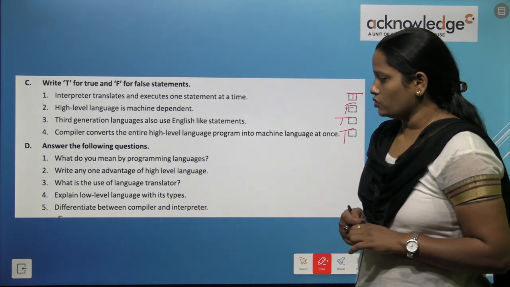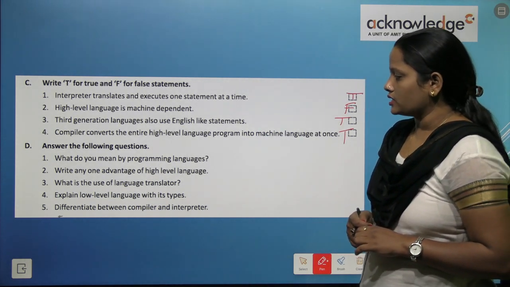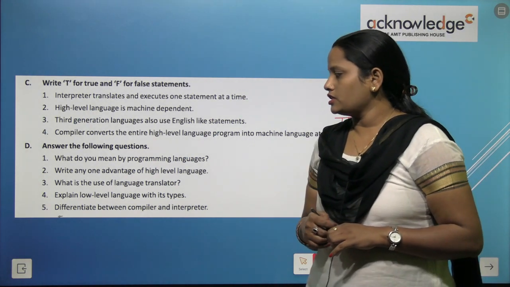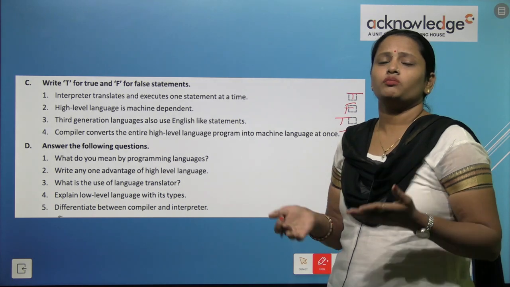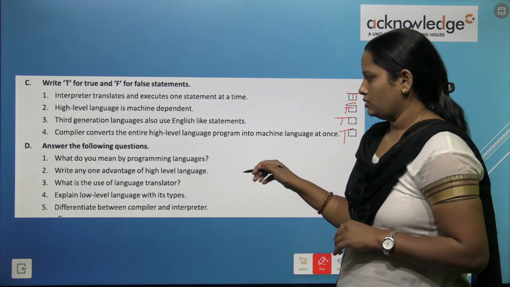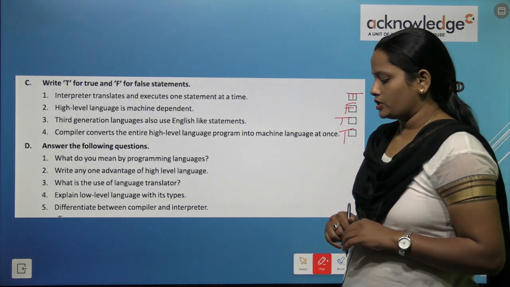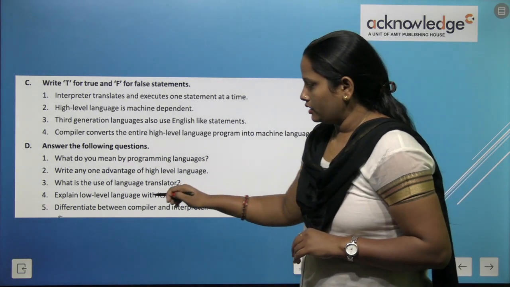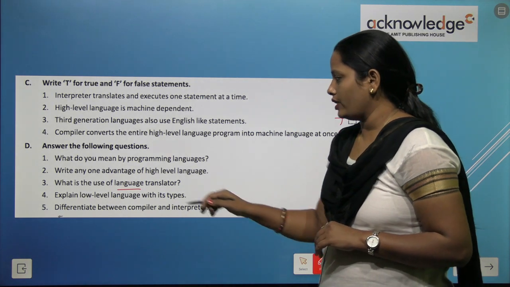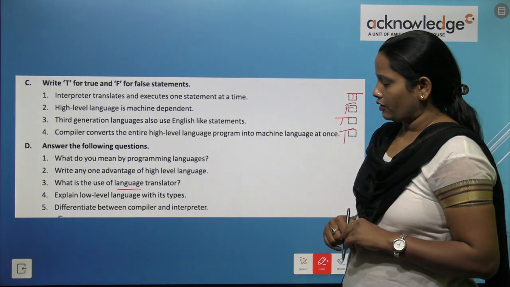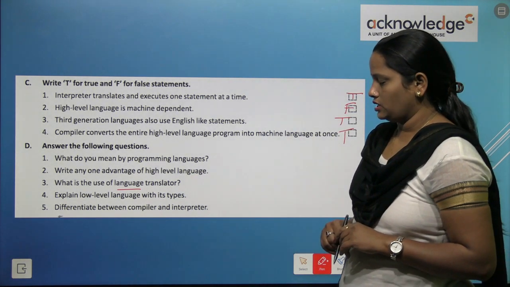Next is, what is the use of language translator? So language translator is used to translate our language to machine language. So this is the use of language translator, and it also converts the high level language that we use into machine language.